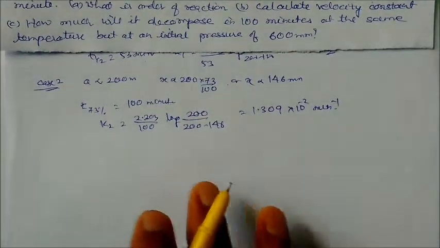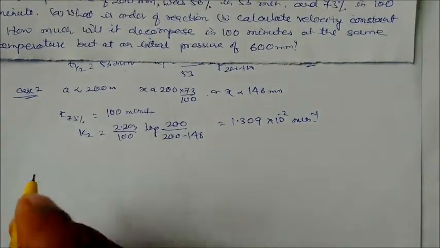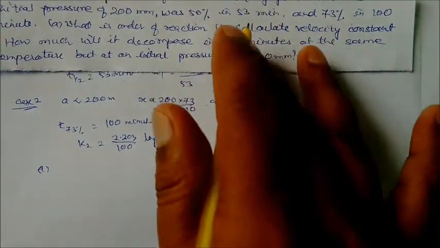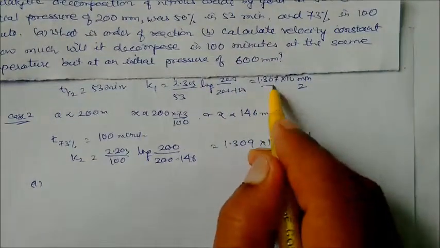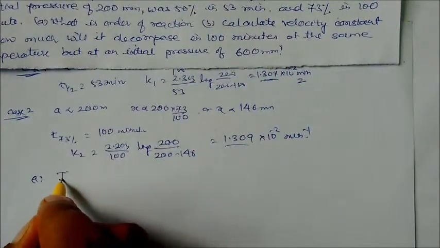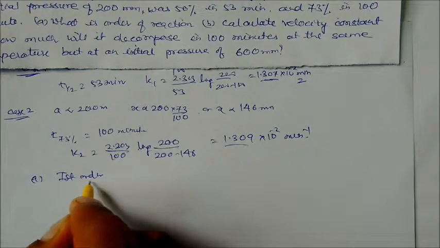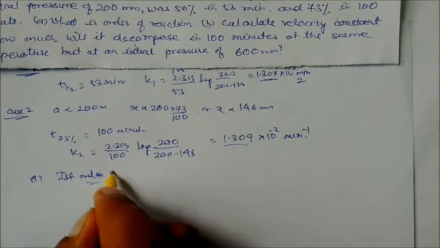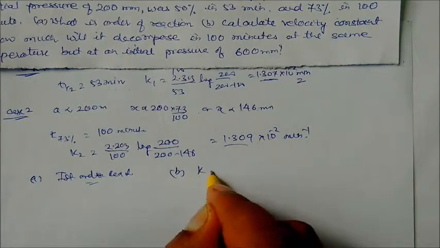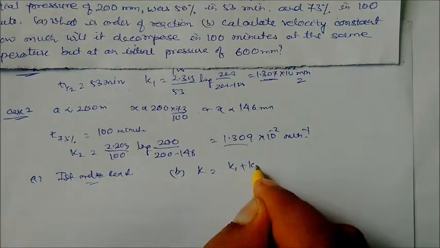Now on question 1, if you see this value, the previous value was also 1.30-something, this is also similar. So actually this is first order, by seeing the K value. So it is a first order reaction. Now second is the average case, so K1 plus K2 divided by 2.